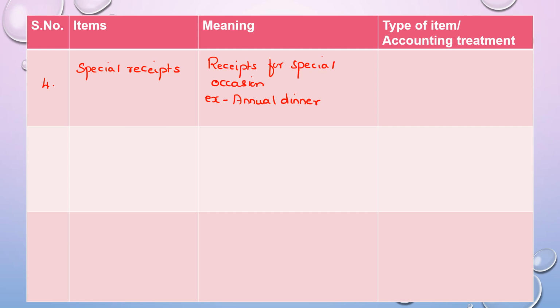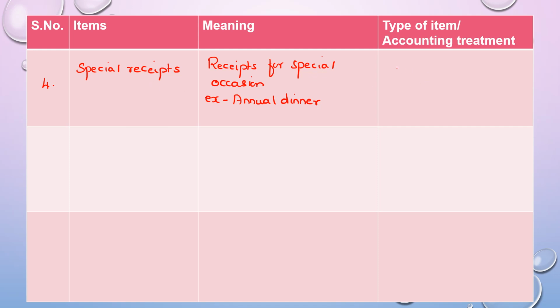It collects the money, organizes that annual dinner and spends the money it has collected in organizing that dinner. So what is the type of item here? Basically this is also in the nature of revenue receipt because it is being collected and would be spent on the members only. And here basically the purpose is for that particular special occasion.